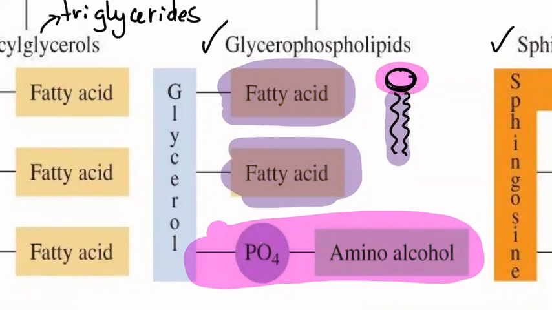So understand that when it comes to this, because the fatty acid tails are long and nonpolar, this area of your glycerol phospholipid is considered nonpolar. If it's nonpolar, it's going to be hydrophobic. In other words, it's going to be afraid of water, okay?